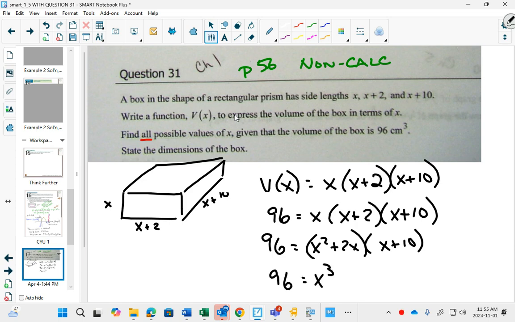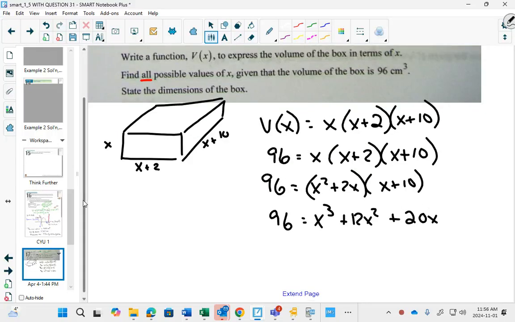X cubed plus 10x squared plus 2x squared will be 12x squared, plus 20x. Here we go. Or you can multiply these 2 first and then multiply by x. Either way, you're going to get x cubed plus 12x squared plus 20x. And then you can finally make this equal to 0.